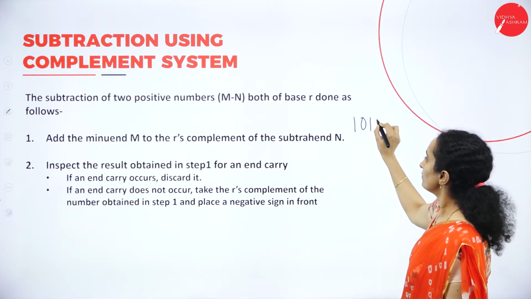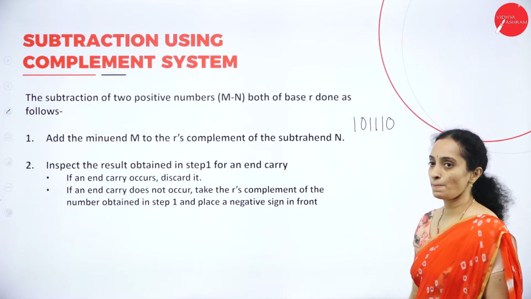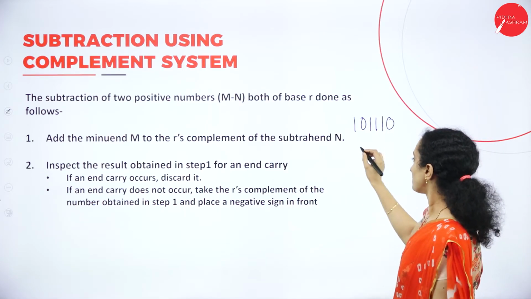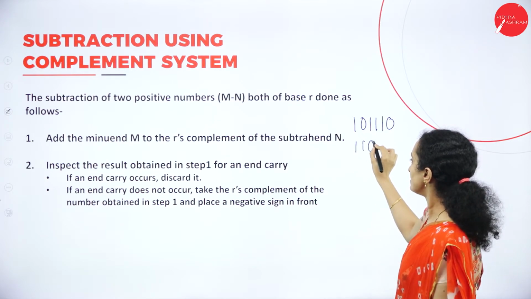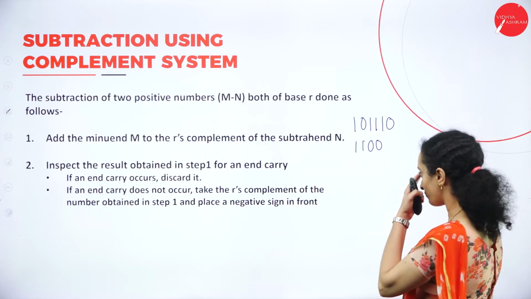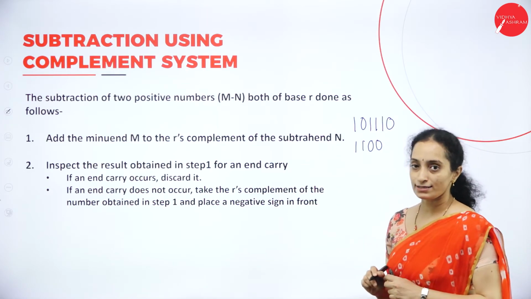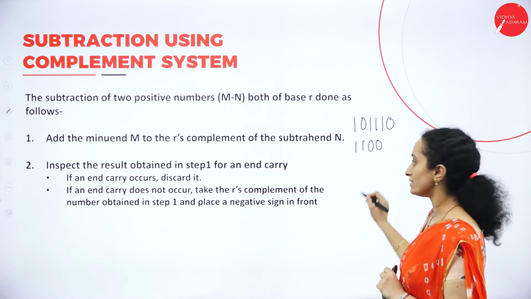So, if you look at the example, if you take 1 0 1 1 1 0, subtract 1 1 0 0 from 1 0 1 1 0, what you have to perform is, if it is r's complement, you have to find out the 2's complement of 1 1 0 0.